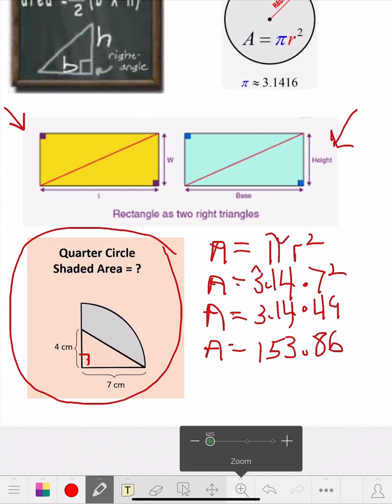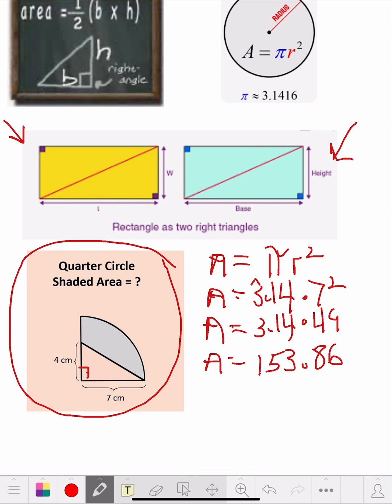Now let's figure out what the area of that triangle is. It says the area of the triangle is 1/2 BH.